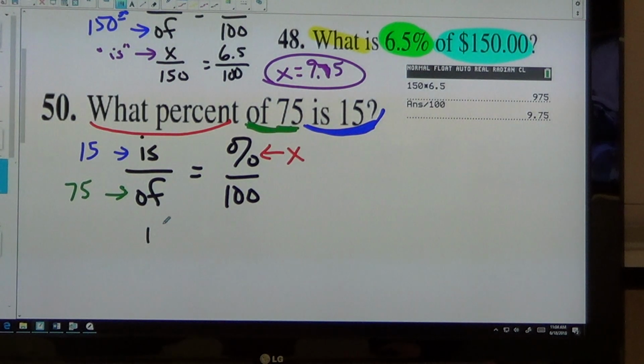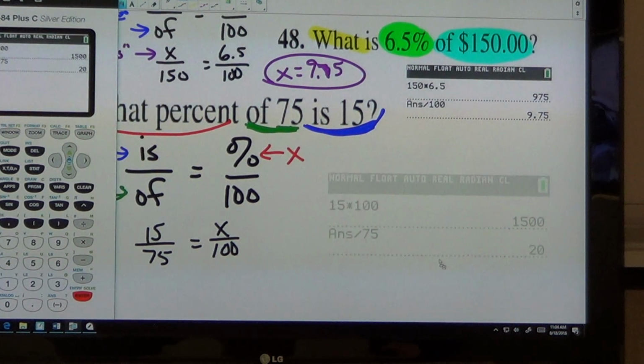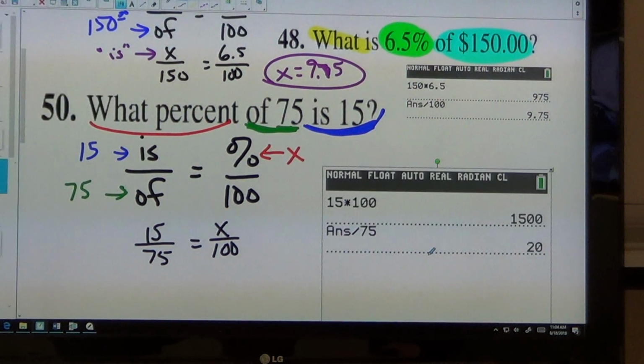So we have 15 over 75 equals x over 100. We multiply the two numbers that are diagonally across, so 15 times 100 divided by 75. Now, pay attention to what you're solving for.